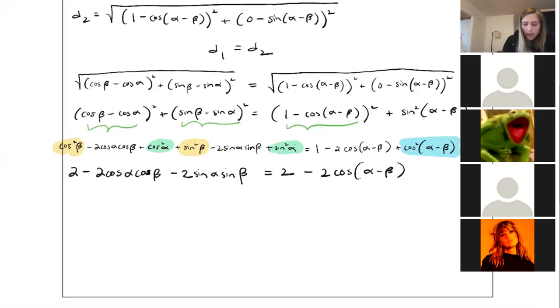And if we subtract 2 from each side, well, bam, that's gone. And on the left-hand side, I'm going to factor out a negative 2.